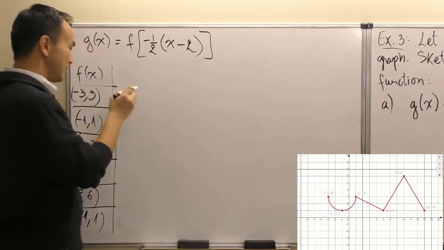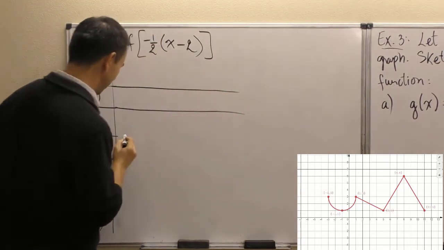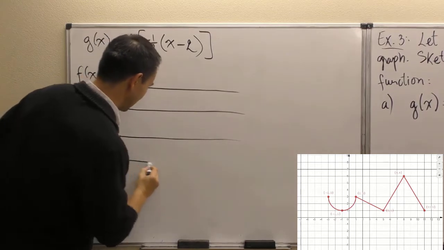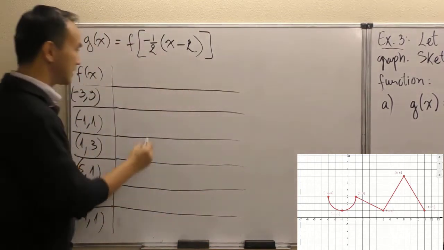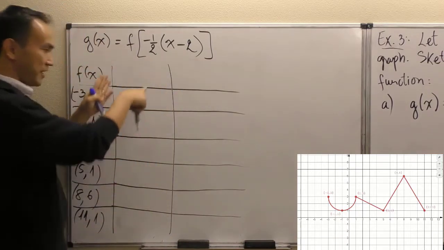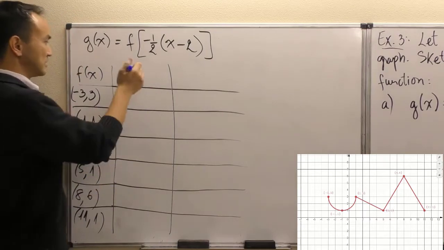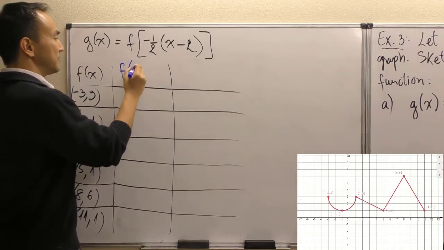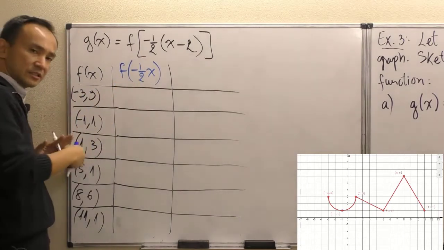Now I'm going to get my table ready for the sequence of the transformation steps. In the very next column, I am going to calculate how f of negative 1/2 x will transform all of these guiding points.